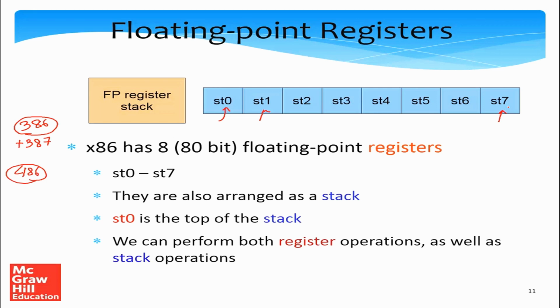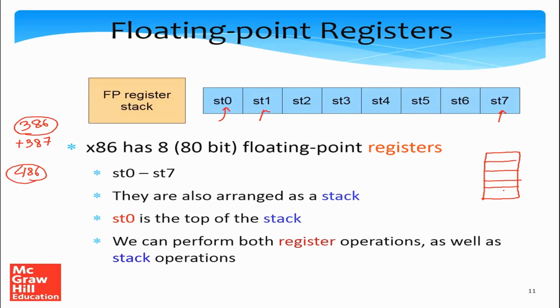So the way that we can think of this is that inside the processor, what we actually have is 8 locations arranged as a stack. A stack is any data structure which has last in first out semantics, something exactly similar to a stack in programming languages. So consider a stack of books. The book that we add at the end is on the top.